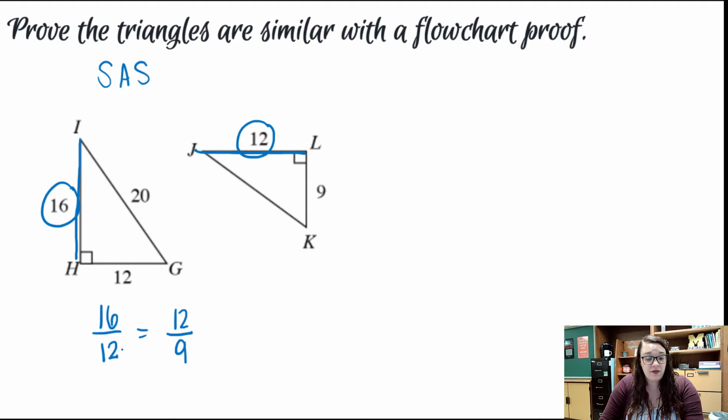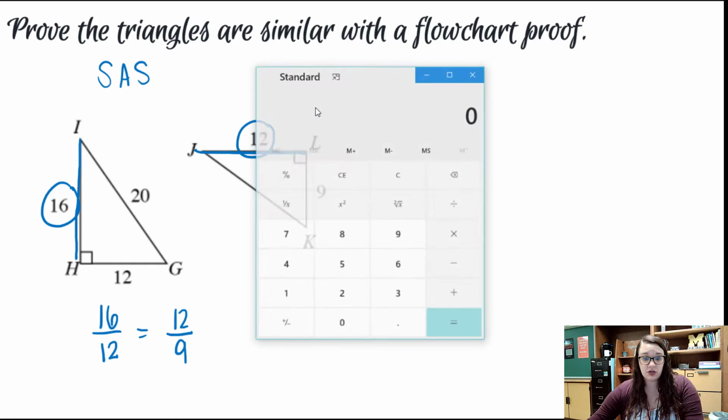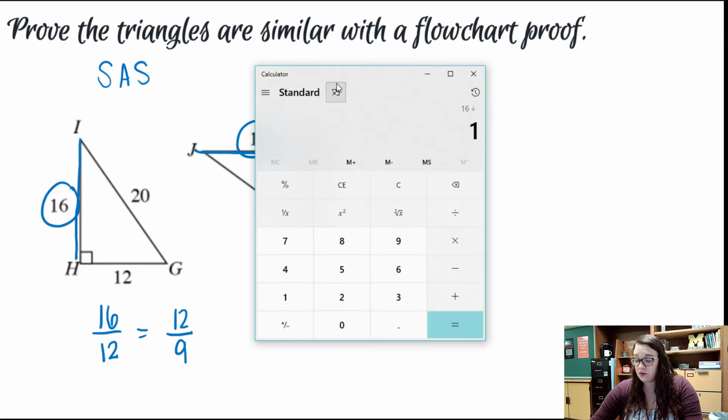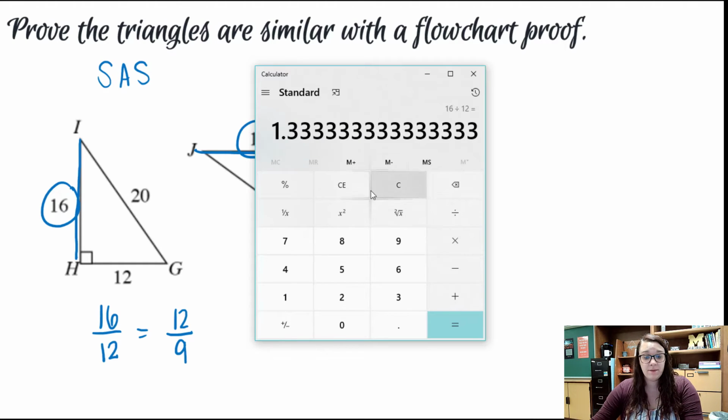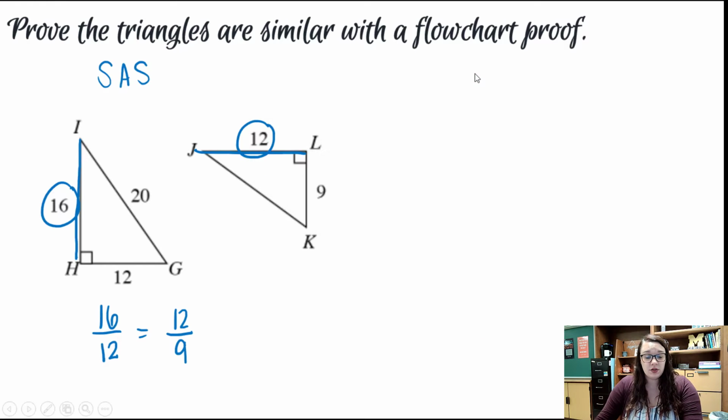Now, let's check that this is true. 16 over 12 equals 12 over 9. It's good to check with ourselves, so 16 over 12 is 1.3 repeating, and 12 over 9 is also 1.3 repeating.